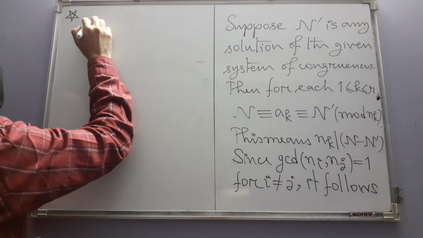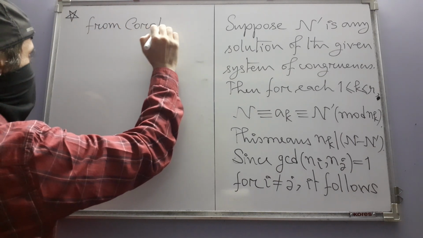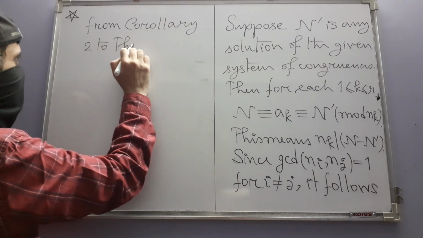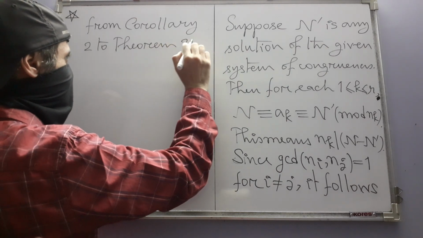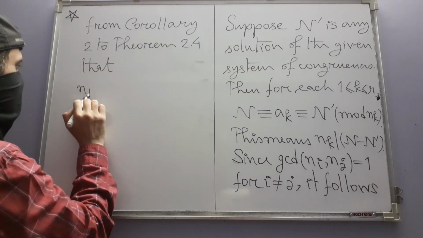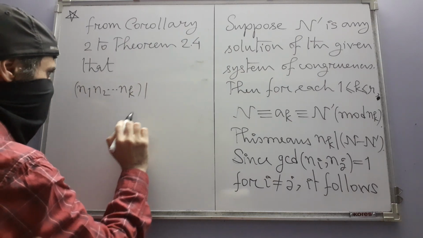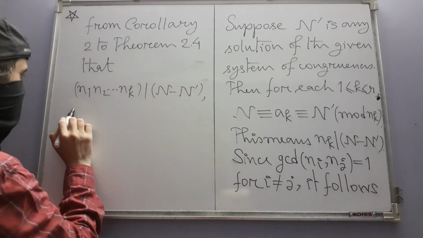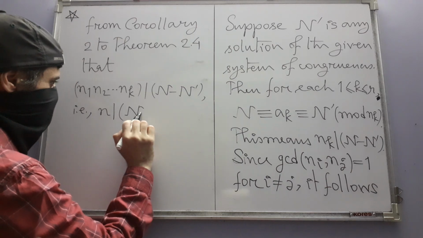It follows from corollary 2 to theorem 2.4 that the product of these n's also divides this difference, i.e. small n divides this difference.